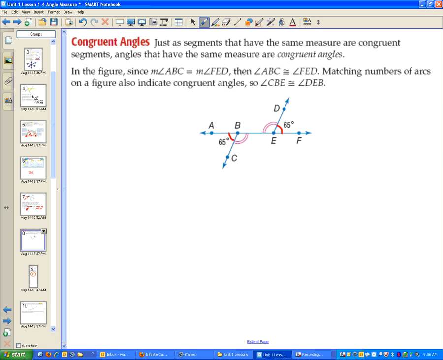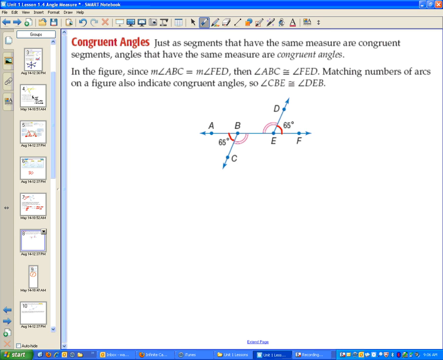Then look at those two angles that have two arcs. They don't tell us the measure, but guess what the two arcs mean? Those two angles are congruent. Okay? So, if you're told that two angles are congruent, you conclude they have equal measures. If you're told that two angles have equal measures, you conclude the angles are congruent.